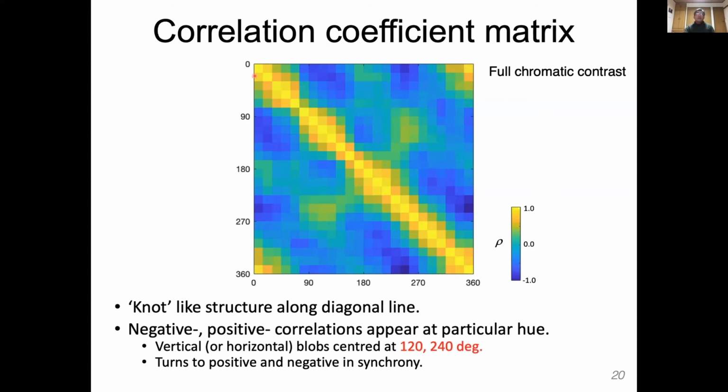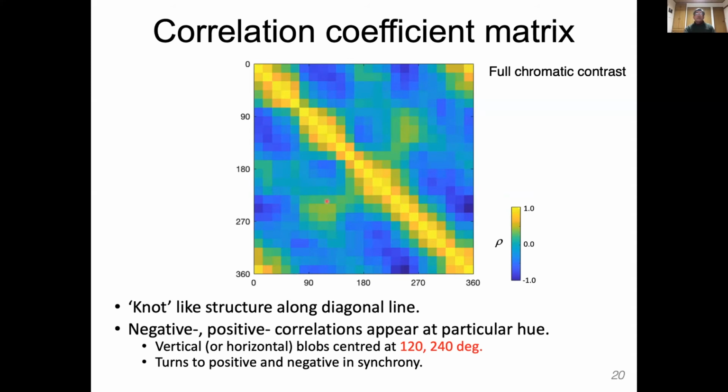At first glance, you can notice a knot-like, blob-like structure along the diagonal line, which means that some of the hues were captured by the same mechanism. I mean, as you change the hue, the pattern of activation is not changing. That is what this diagram means. So a limited number of structures seems to exist in these responses.